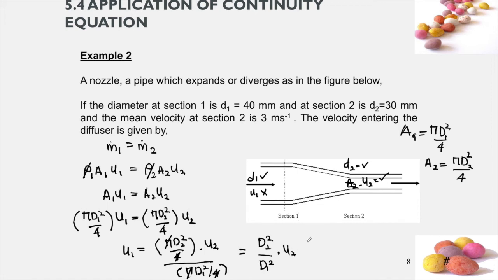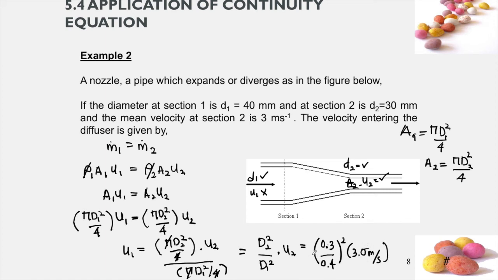So you have to substitute the values for diameter 1 and 2 into this equation. We substitute 0.3 divided by 0.4 squared, times 3 meter per second.